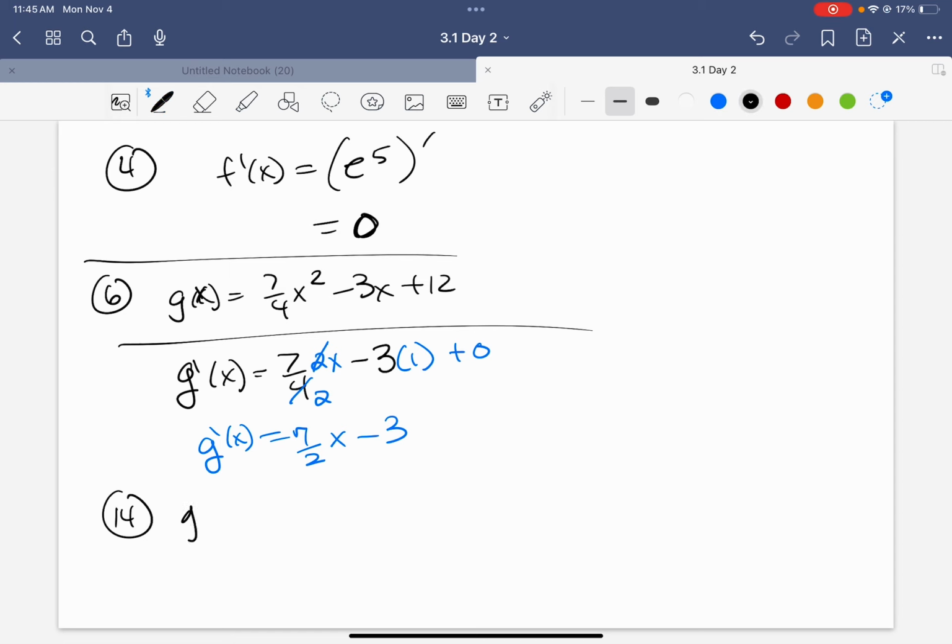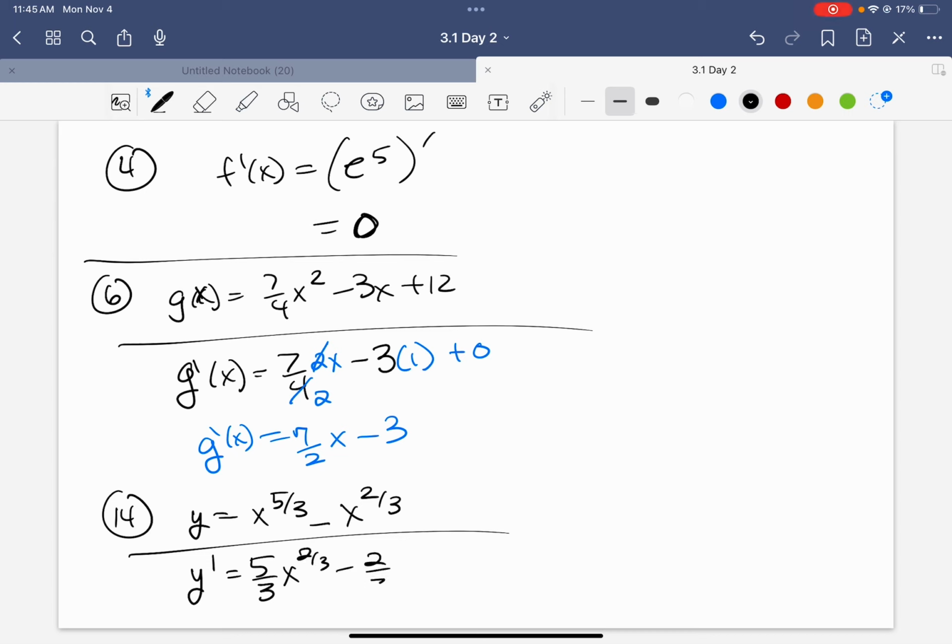14 is y is equal to x to the 5/3 minus x to the 2/3. So I draw a line and say my derivative is pull down the constant, pull down the constant, then the derivative would be, pull down the constant and then x to the subtract 1, and you get 2/3 minus pull down the constant, subtract 1, and it's negative 1/3.